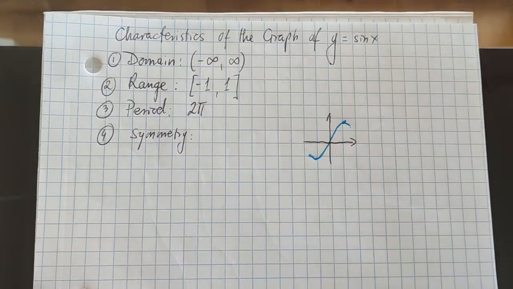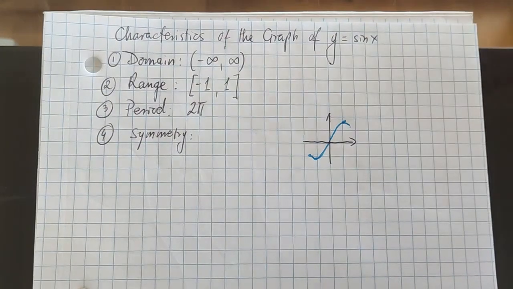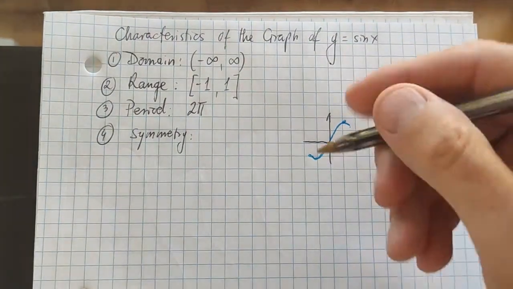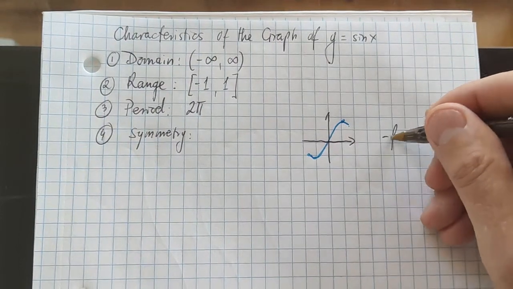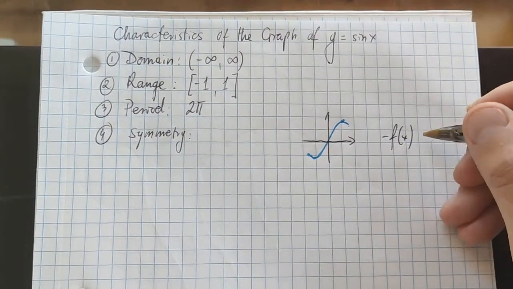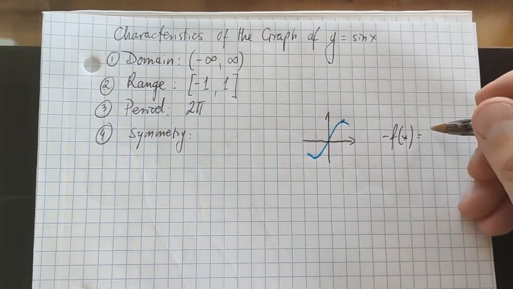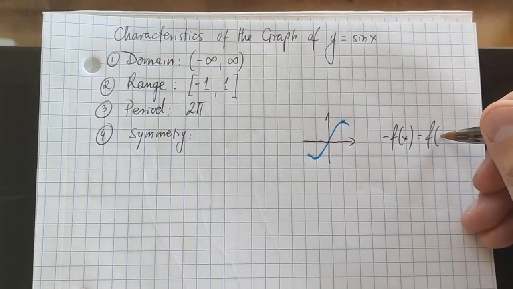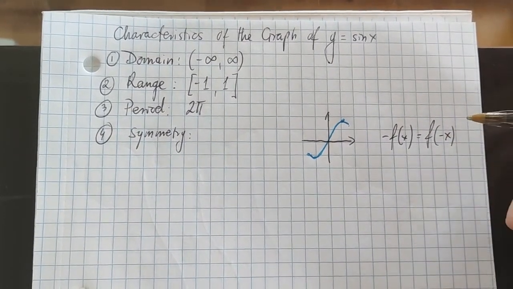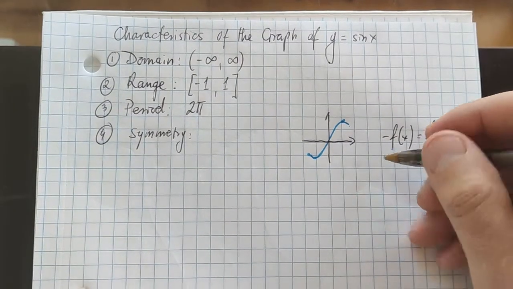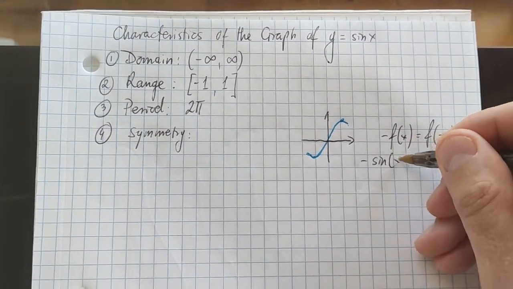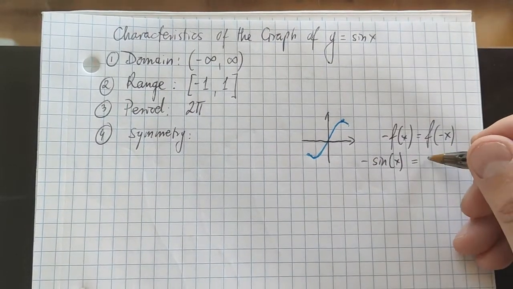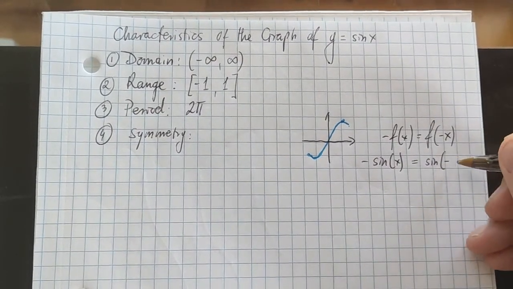Algebraically, that means negative f of x is the same as f of negative x. In terms of sine, negative sine of x will be the same as sine of negative x.